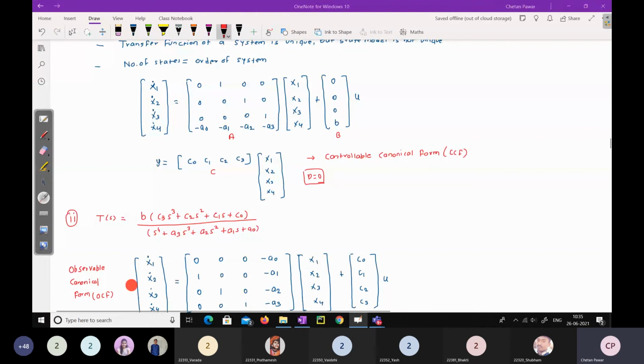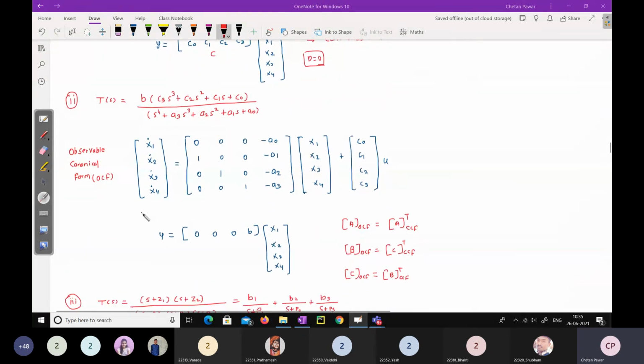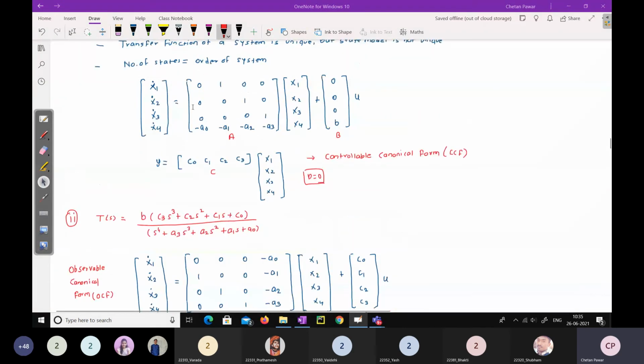So in observable canonical form, this is the A matrix, this is B, and this is C. This A matrix is a transpose of the A matrix of the controllable canonical form.